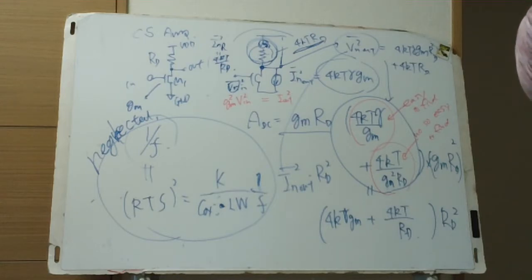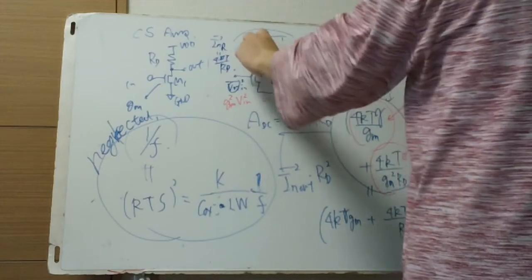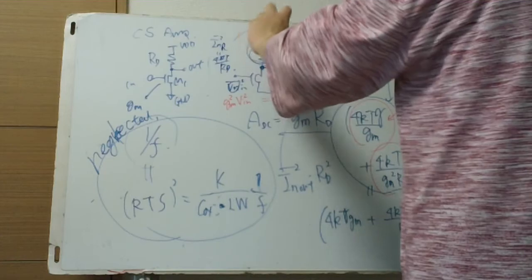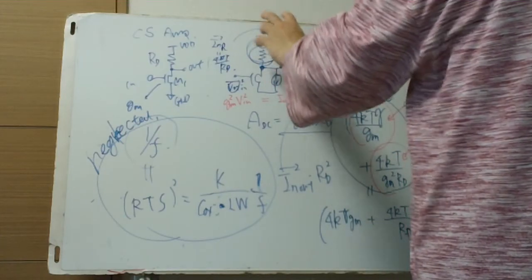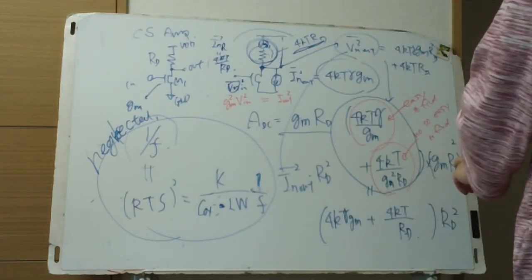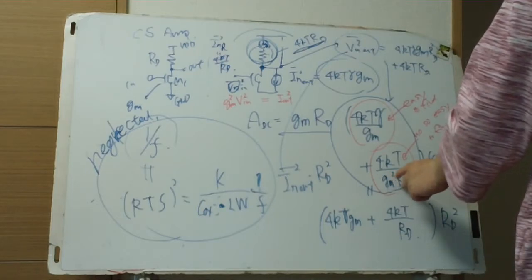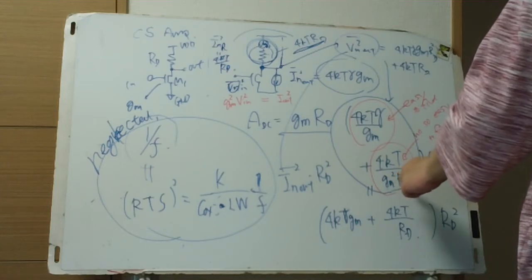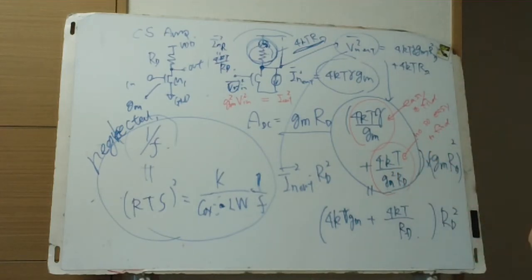And what we have, voltage noise 4kTR divided by gm R squared. It's vice versa. It's tautological.